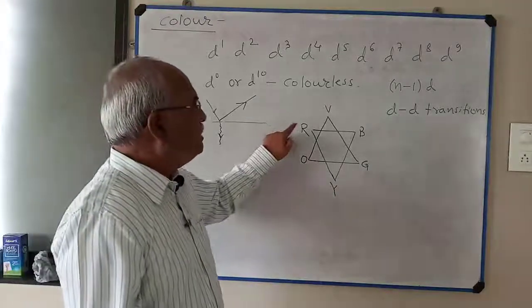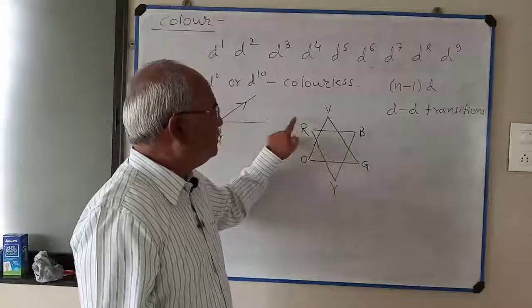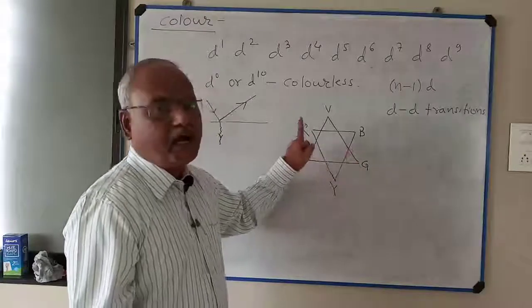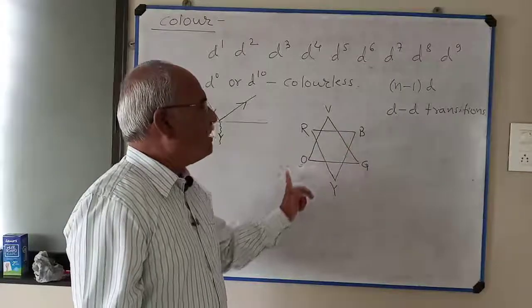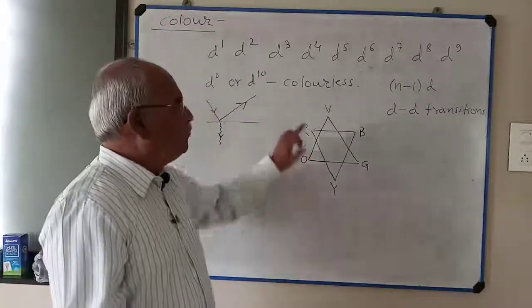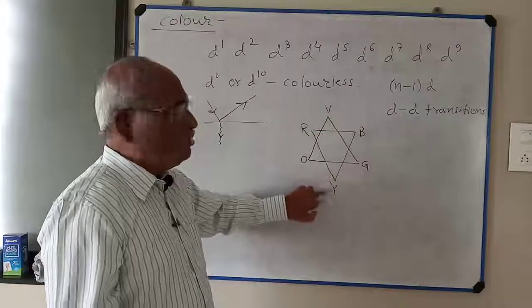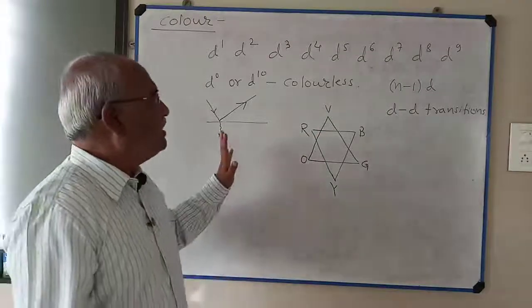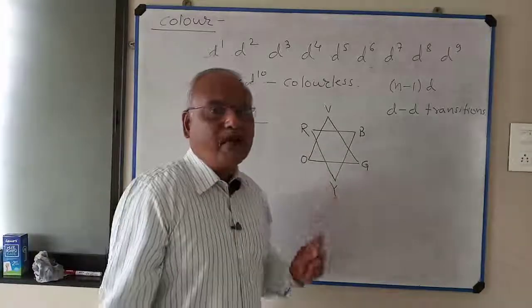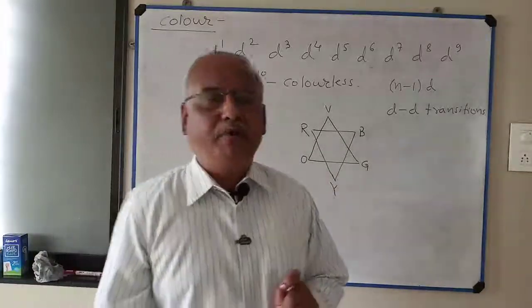They are diagonally opposite. Orange and blue are diagonally opposite. Violet and yellow are diagonally opposite. So in this way, the color of a transition element can be explained.